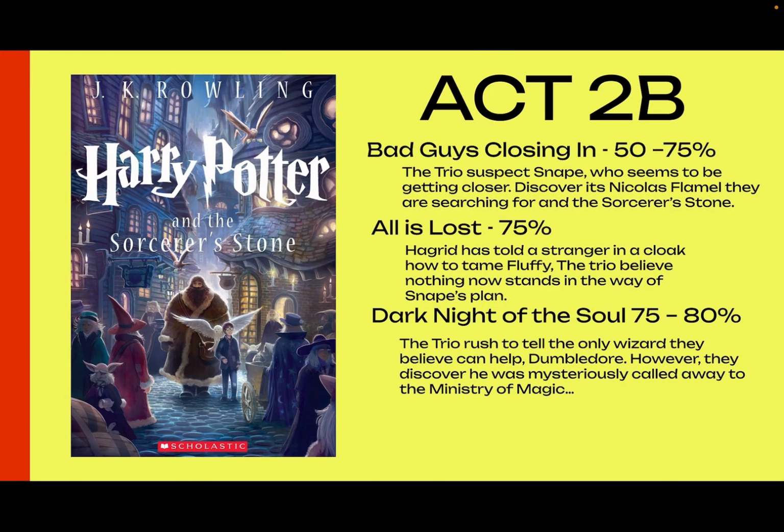This is where all the fear, all the dread, all the doubt that was debated in the refusal of the call begins to surface. There is a whiff of death. In Harry Potter, Hagrid has told a stranger in a cloak how to tame Fluffy, and the trio believe nothing now stands in the way of Snape's plan to retrieve the Sorcerer's Stone.